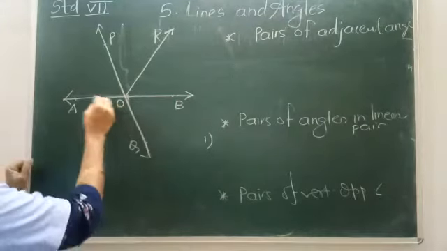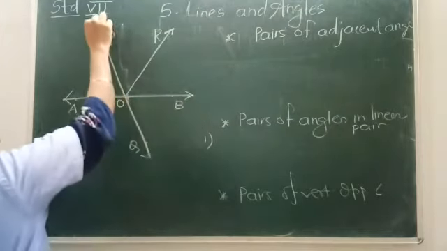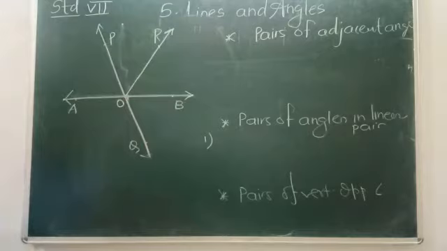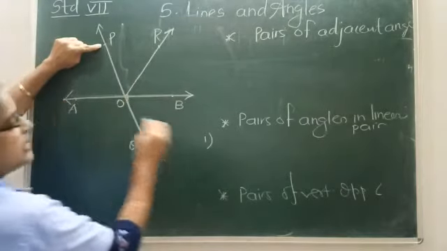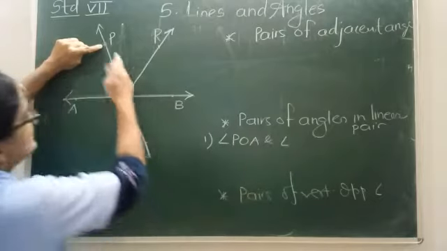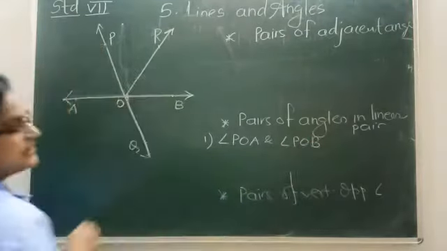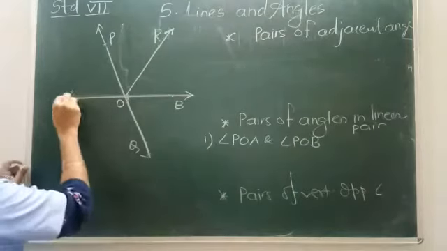Concentrate on this. See, if I consider this straight line, and if this arm I consider, may I say angle POA and angle POB are angles in linear pair. Try to understand.